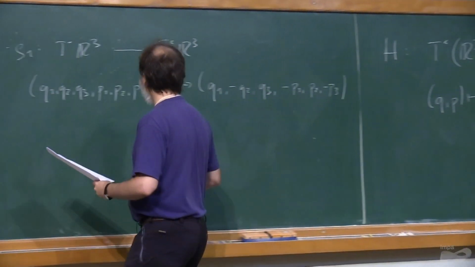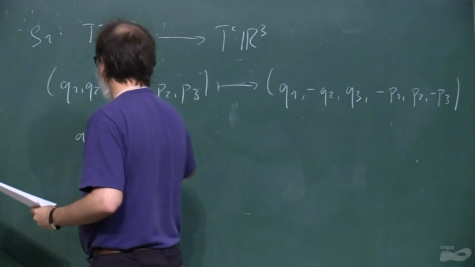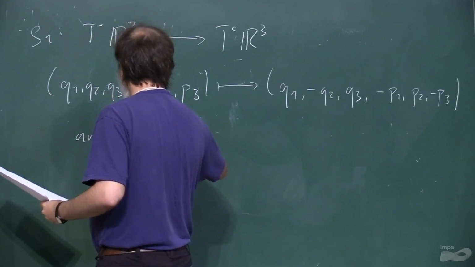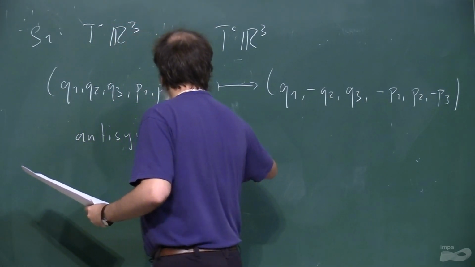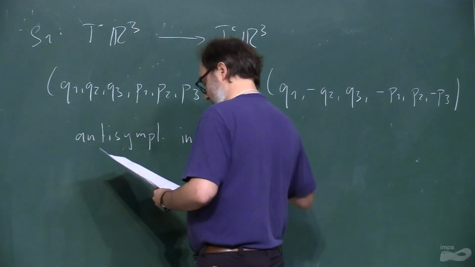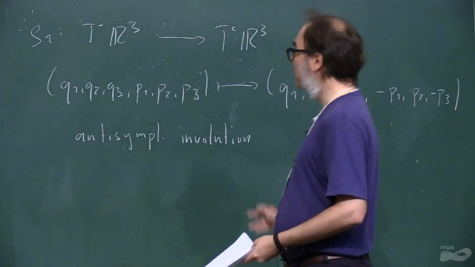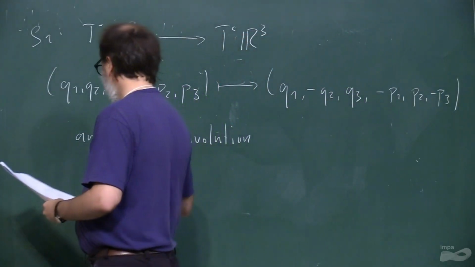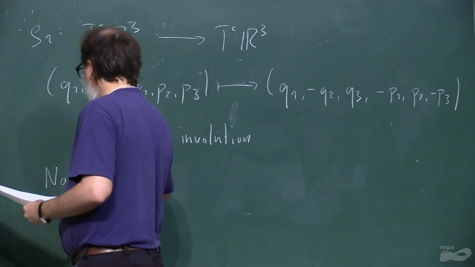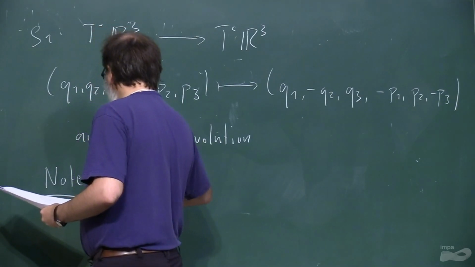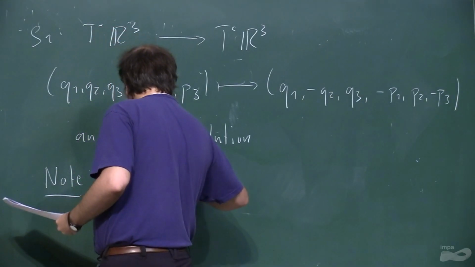So this is an antisymplectic involution, which commutes with the previous symplectic one. So as a note, we have rho 1 sigma equals sigma rho 1.